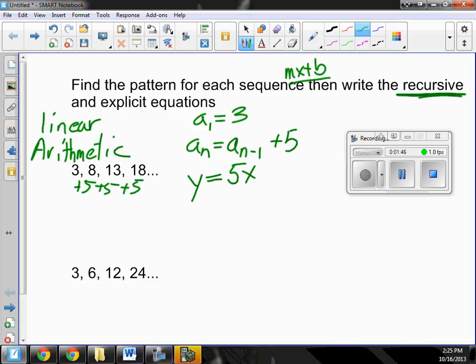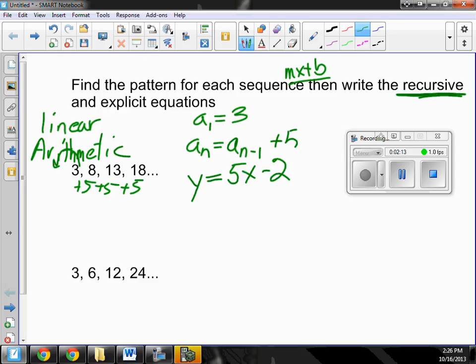So I need to back up and find year 0 by undoing this plus 5, so I subtract 5, and I get minus 2. That is the explicit equation. Oh, apparently I don't know how to do my subtraction. You have no proof, except for perhaps this video.